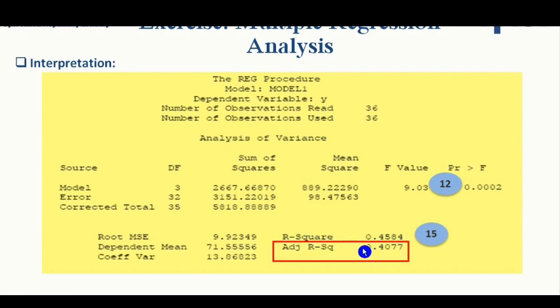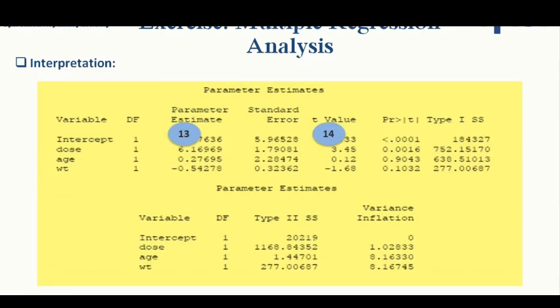And then there is adjusted R square, a modification of the R square. So henceforth we will be considering adjusted R square in place of R square for comparison among different models. The answer to why, I will tell you once we complete this interpretation.